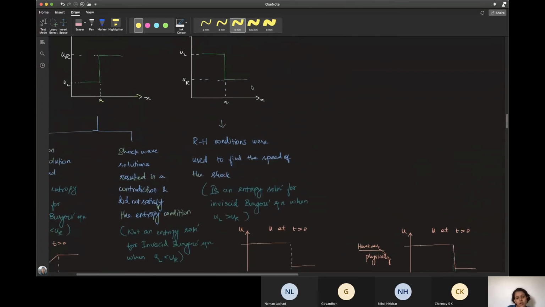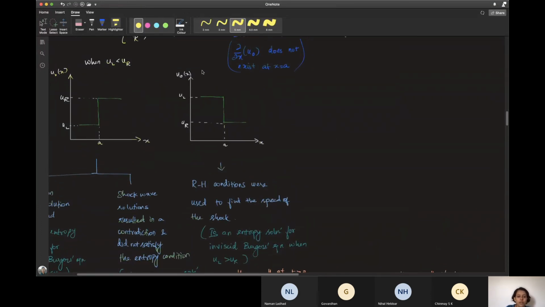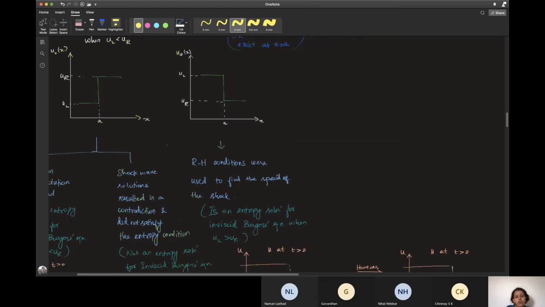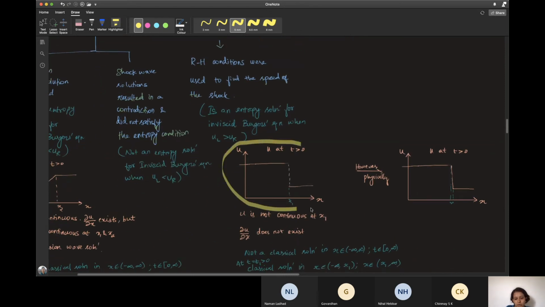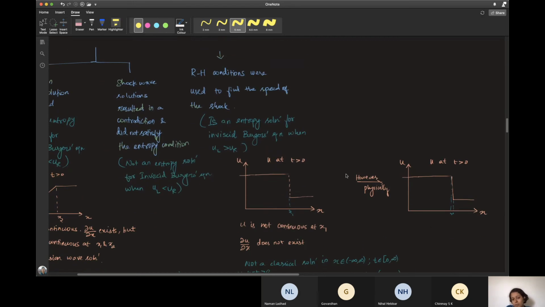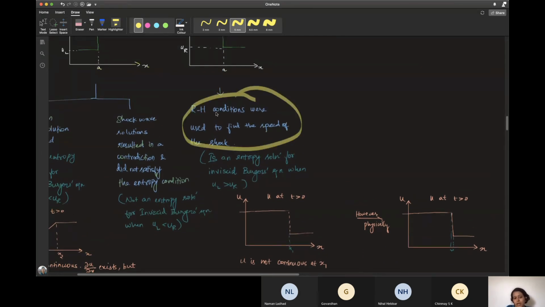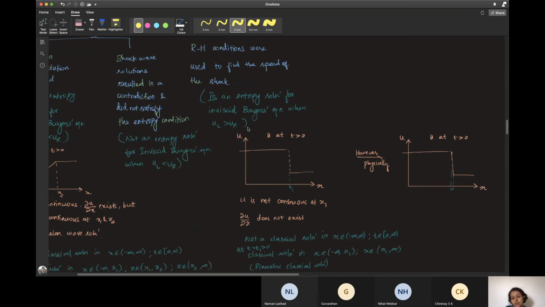For the shock wave solution, the profile was something like this. This was our initial condition, right? This was the profile for u at t equals 0. For any time t greater than 0, it turned out to be something like this. That is, the shock will start moving with some velocity. That velocity we found through Rankine-Hugoniot conditions, isn't it?